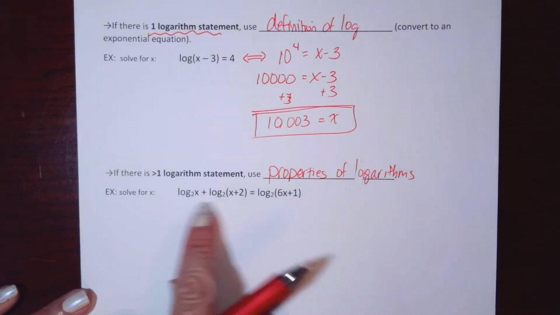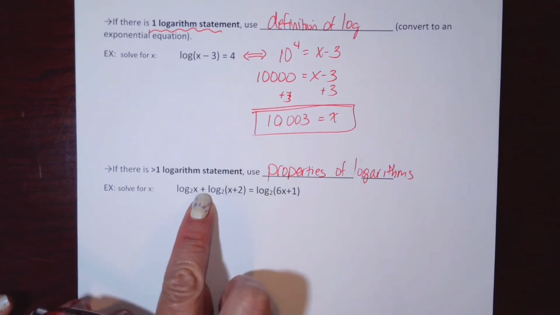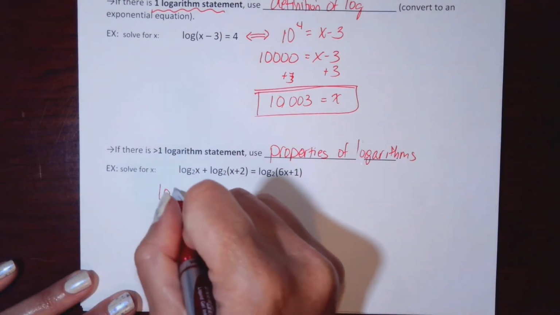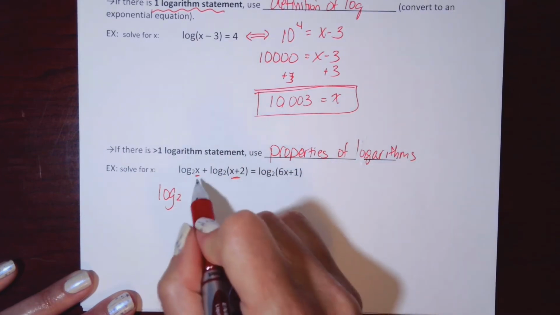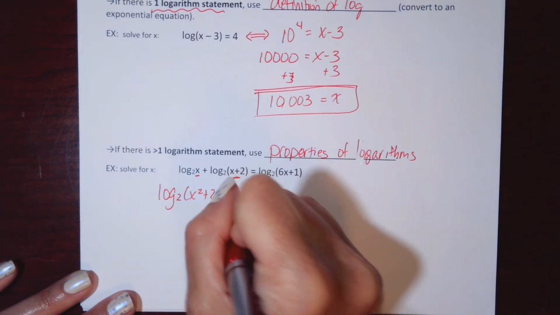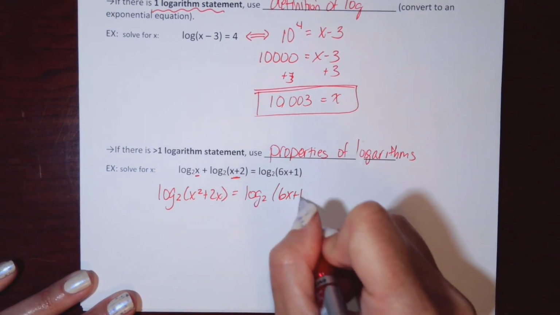Alright, over here on the left we've got 2 separate log statements, both base 2. They're being added together. My product rule, addition pairs with multiplication. So I can say log base 2 of, and then I multiply my arguments together. x times x plus 2 is x squared plus 2x. That's equal to log base 2 of 6x plus 1.